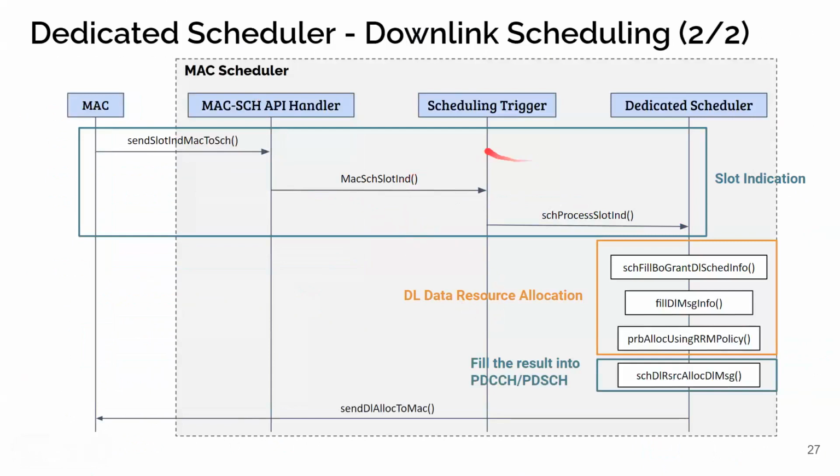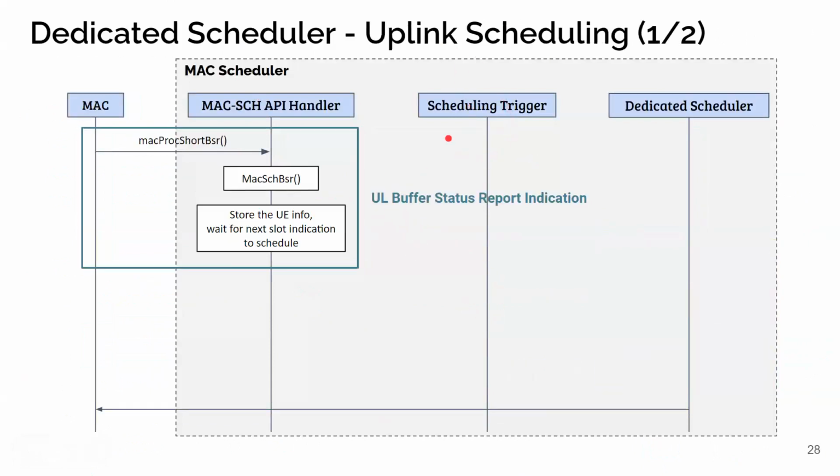I think I have finished the downlink scheduling, and next I will talk about the uplink scheduling in the dedicated scheduler. The UE will send the scheduling request or the BSR. Actually, these two requests are different, but here I only show one of them, because the procedure is almost the same.